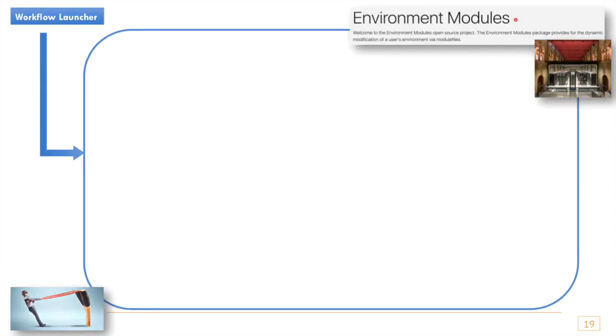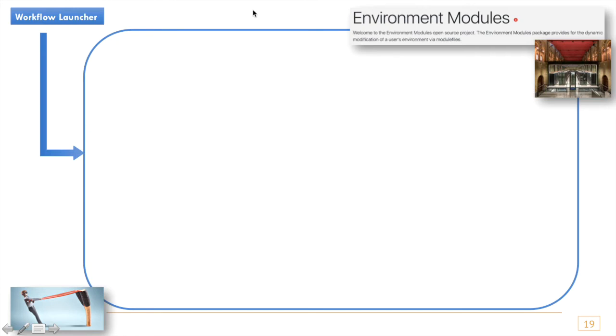On top of this library of workflows, we are also generating workflow launchers. We are doing that mainly because depending on the machine, the HPC supercomputer that we are running this on, the environment modules that we need can change.